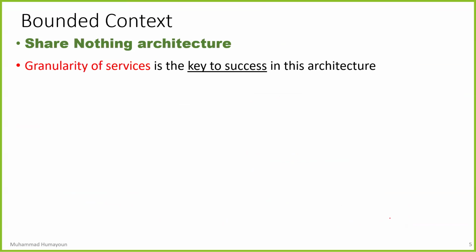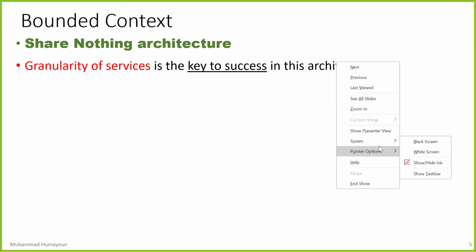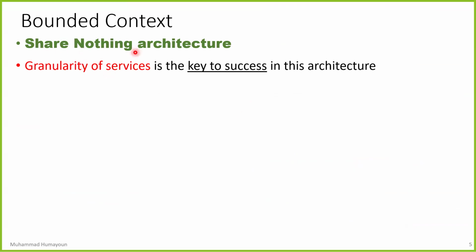So the concept here, again, is that microservices is all about share nothing. It is sometimes also called share nothing architecture. The bounded context says that a service will not share anything. What does it mean?